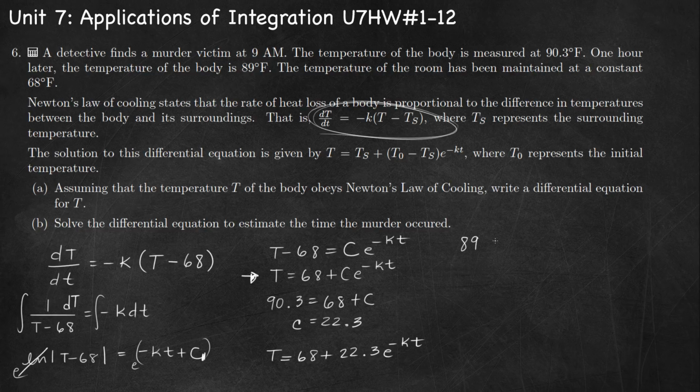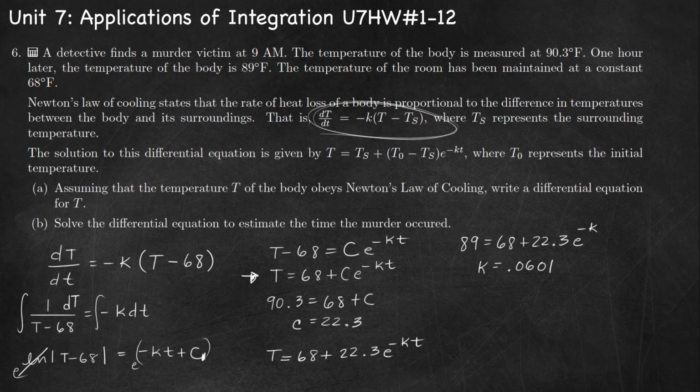So now we have 89 equals 68 plus 22.3 e to the negative k times 1. So we'll do 89 minus 68, divide that by 22.3, take the natural log and then divide by negative 1. That gives us k equals 0.0601.